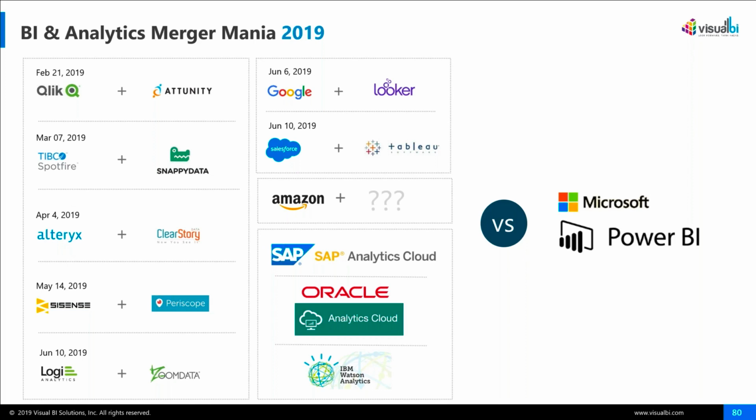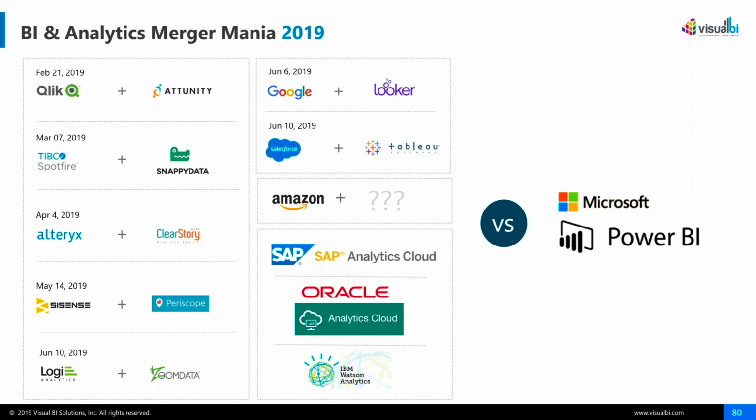I don't know where Amazon is, and if they don't acquire anybody in the next 6 months, we have to assume that Amazon doesn't want to be a player in the analytics space, because Power BI is just simply running away with it. And you can see SAP, Oracle, and IBM are trying to compete on their own by coming up with new offerings.